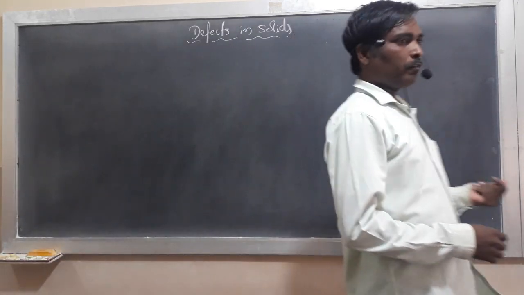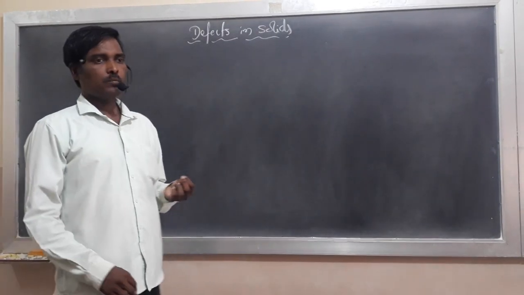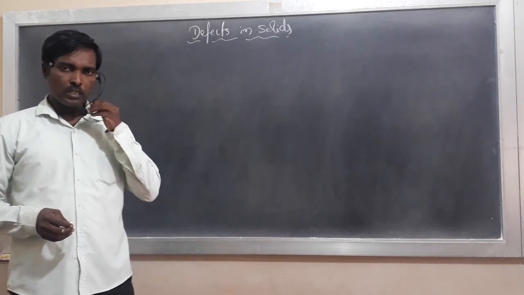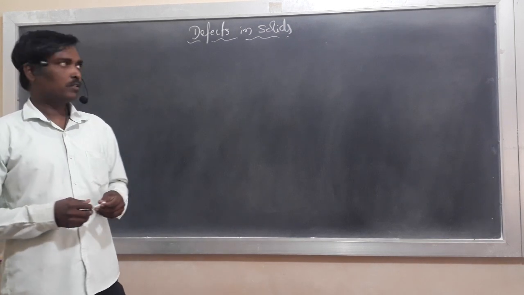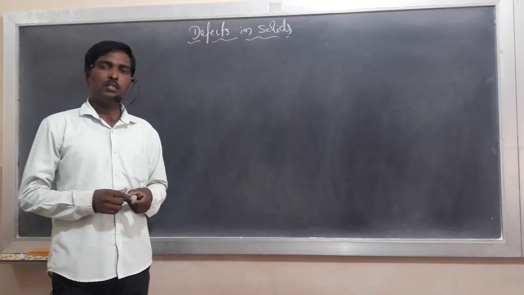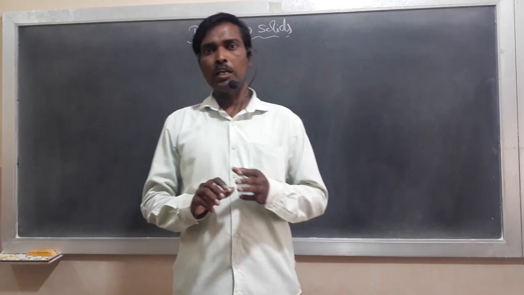Friends, here we already learned the two types of solids: crystalline and amorphous. In crystalline solids, there is an orderly arrangement of the constituent particles, the atoms, ions or molecules are arranged in an order.